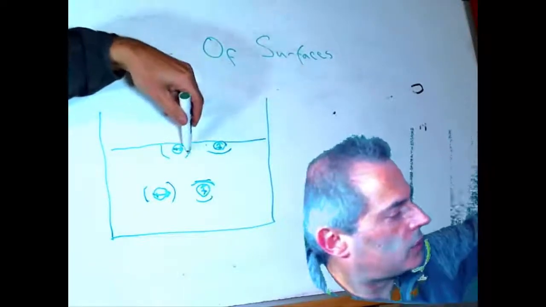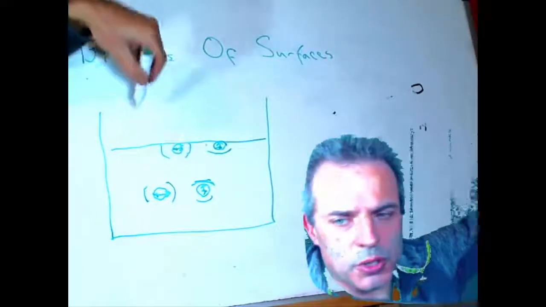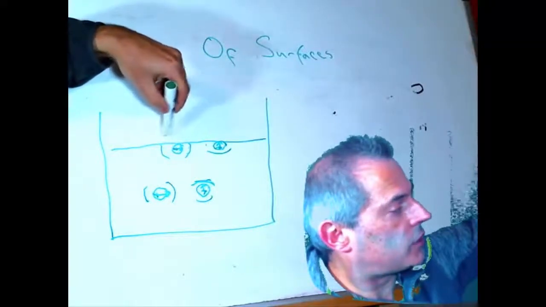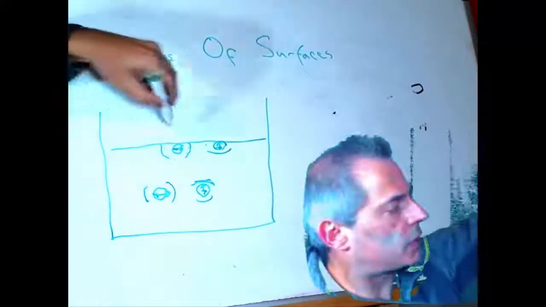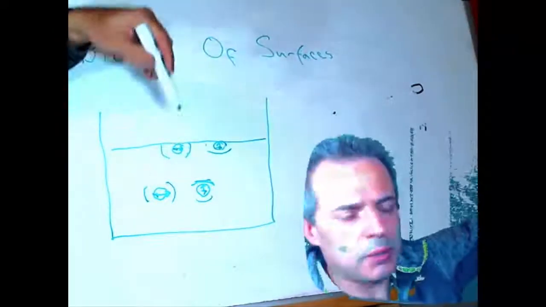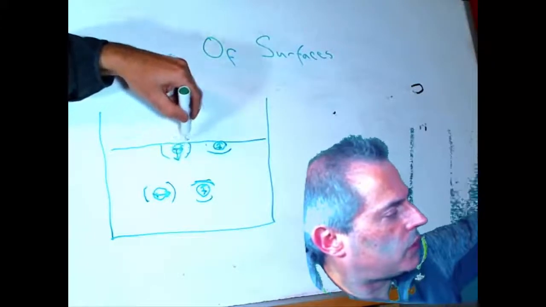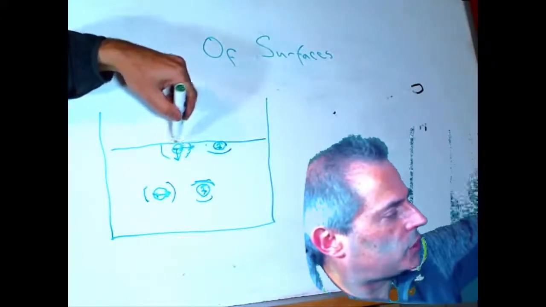So it can see all of these molecules below and around it. If they're all the same size, we could just draw them in. But there aren't any on the top. Because there aren't any on the top, there's a missing force. And so just the same as we were doing with the bubbles, there's a resulting force.